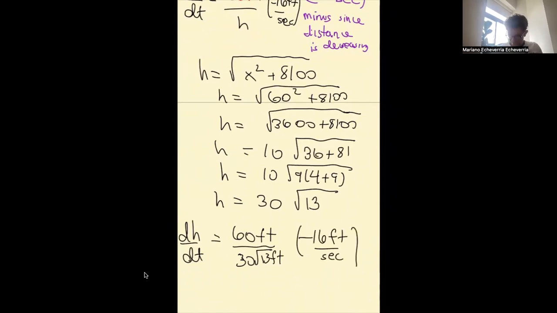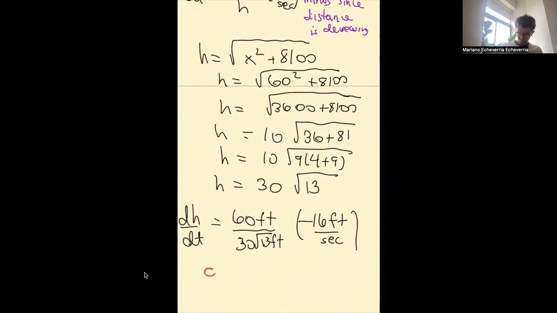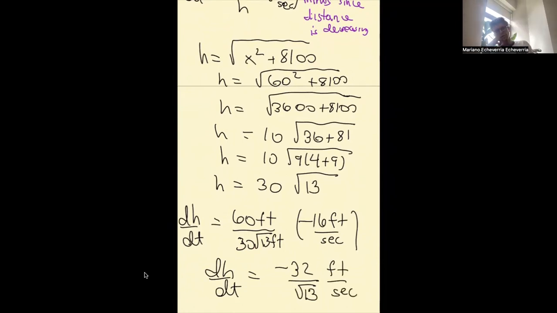And I guess you could simplify this a little bit because this just gives you 2. Oh, that's good. So you get dh/dt equals minus 32 over root of 13 feet per second. Okay, so that's how much the distance is changing when you are 30 feet from first base. Is that making sense?